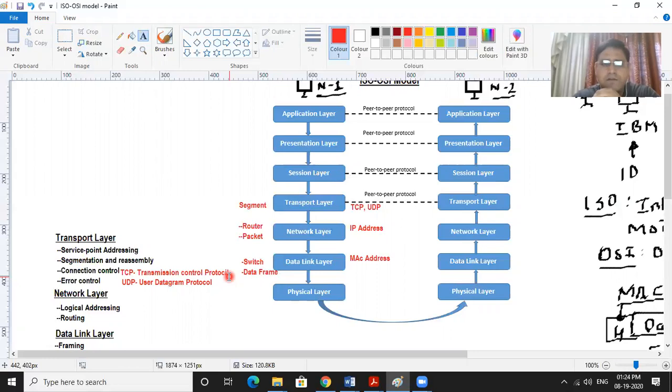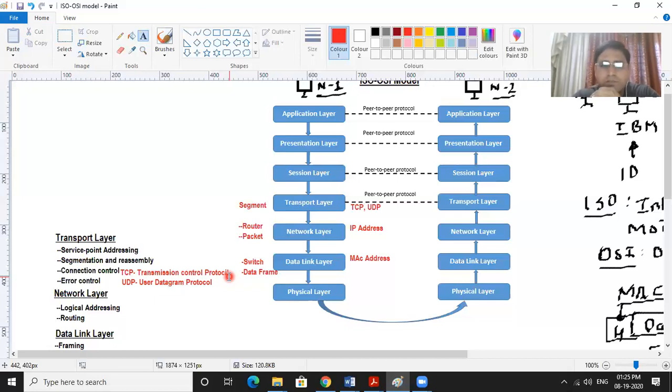That is why it is also known as a connection-oriented protocol. Once it has established the connection, it will get an acknowledgement from the receiver: are you the same node to whom I'm going to send the segments?